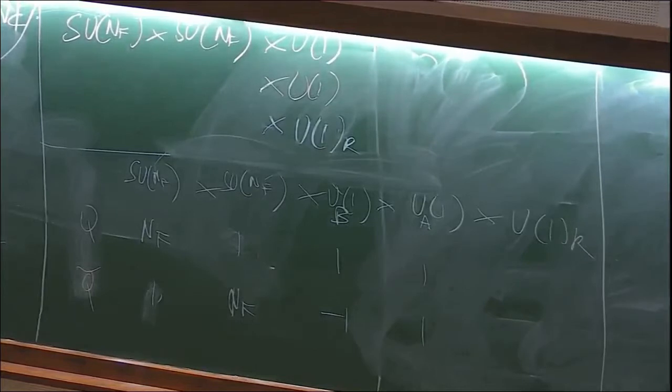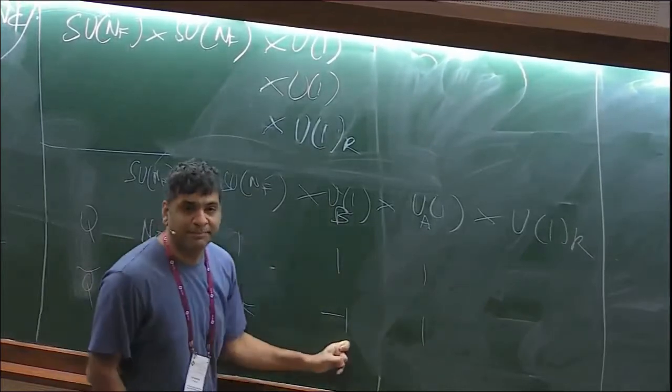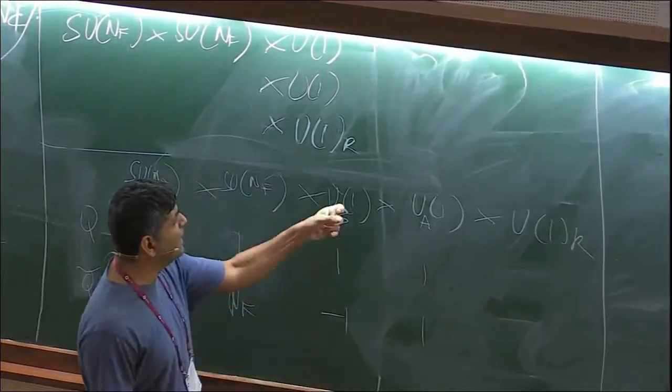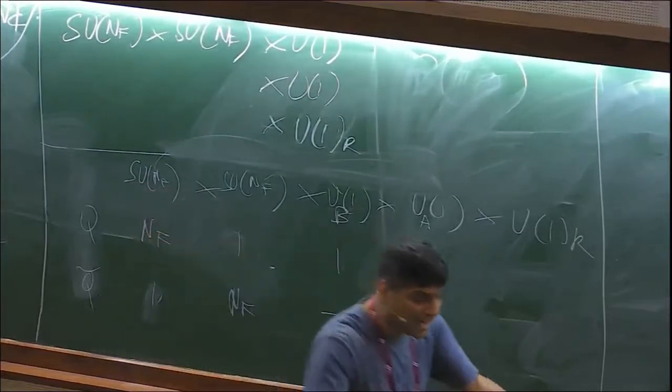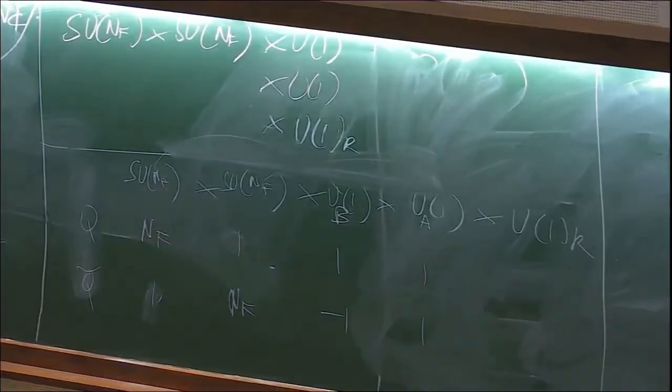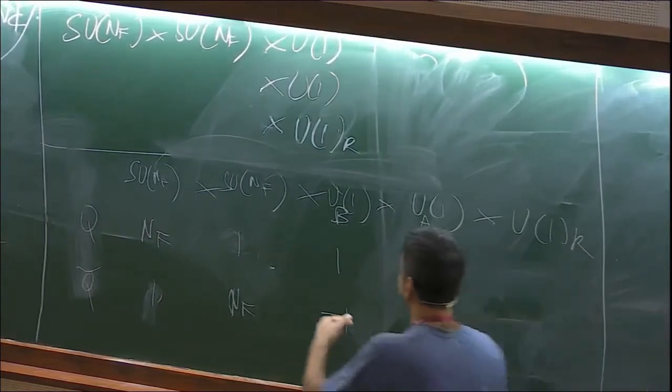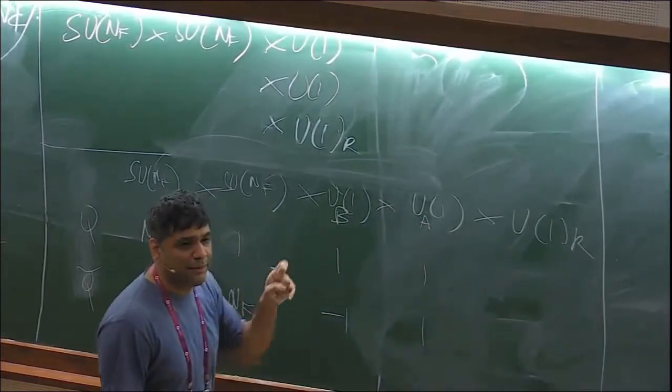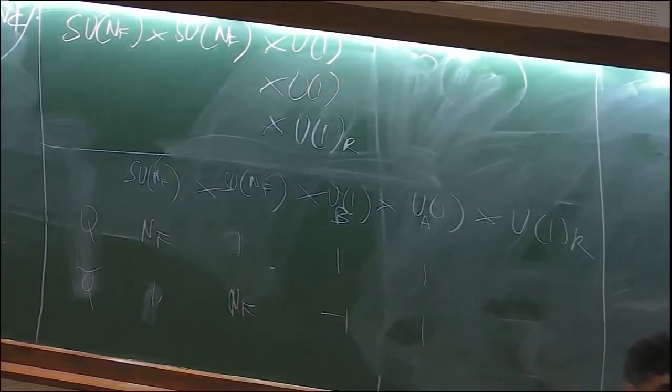Now let's check that immediately. If we look at the anomaly of a U(1), I mean a genuine anomaly, not a 't Hooft anomaly, an anomaly because of the instantons of the gauge group. Suppose I've got a U(1) current and I want to check whether it's anomalous under the gauge group.